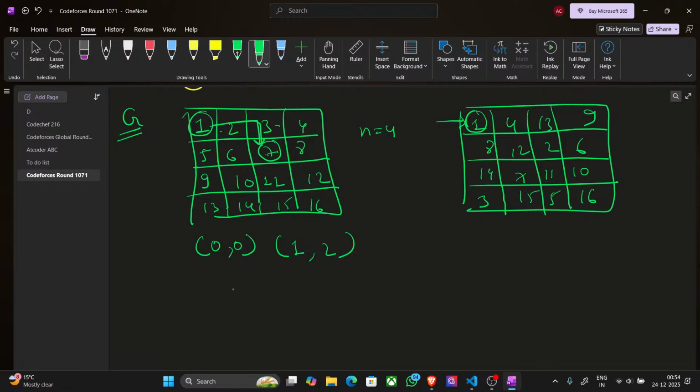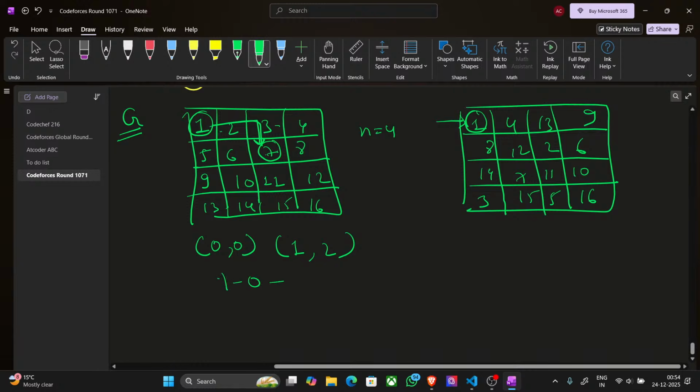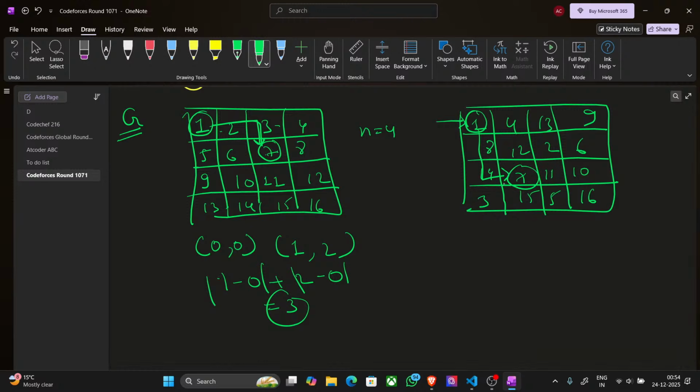So the Manhattan distance was 1 minus 0 plus 2 minus 0, which was 3. So the earlier distance was 3. Now the distance is still 3. So they have moved like this, and you can ask any penguin about its distance, which was 3. So you have to figure out the grid. You can ask any penguin its neighbor's distance.